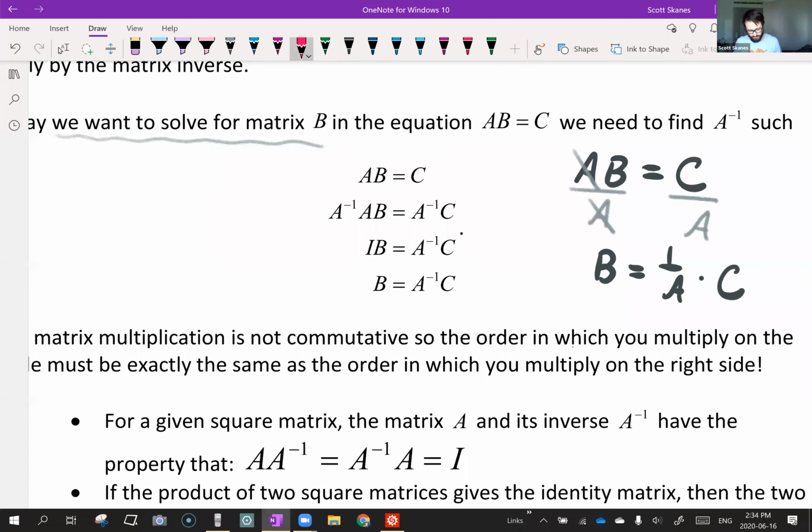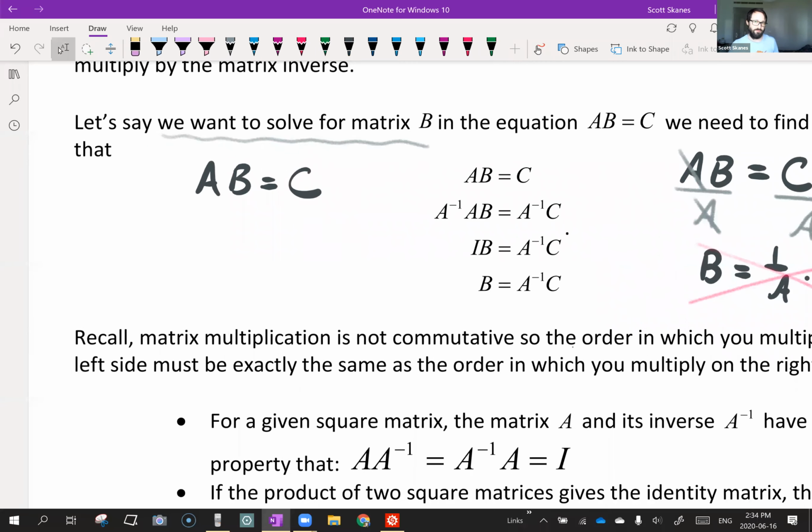But with matrices, we're actually not allowed to do that. We're only allowed to use what's called the inverse. So let me rewrite this so you can see what's going on. AB equals C. We're not allowed to divide by A, but we can do one thing better. We can apply A inverse to both sides.